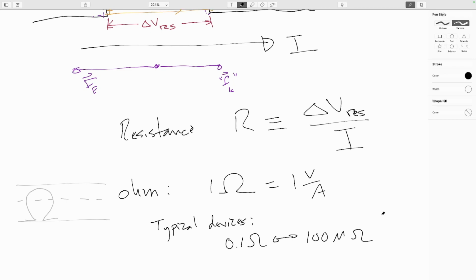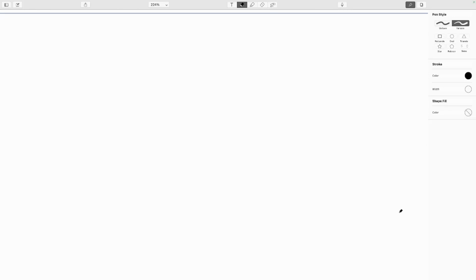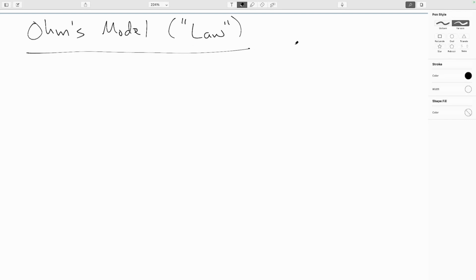Okay. And this will now go ahead and introduce what I'm going to call Ohm's model. Every book out there will call it Ohm's law. I'll put law in quotation marks, and you'll see why I'm not that impressed to call it a law.